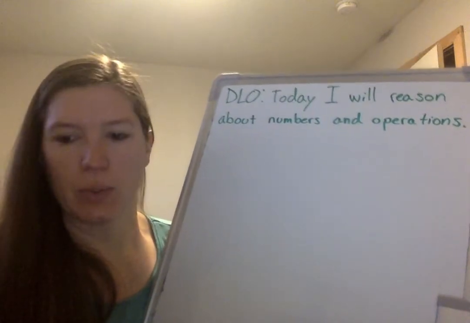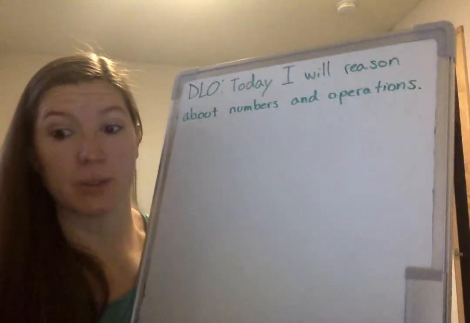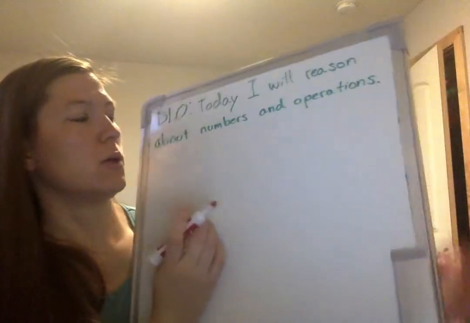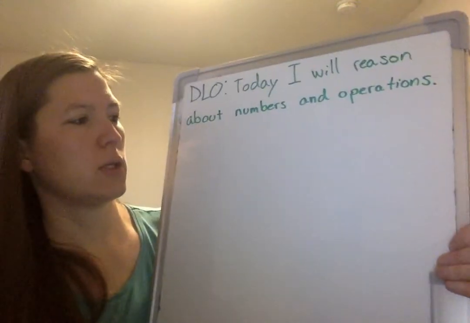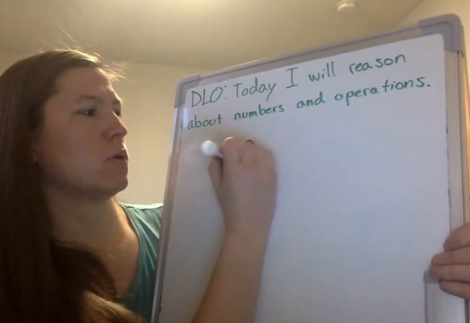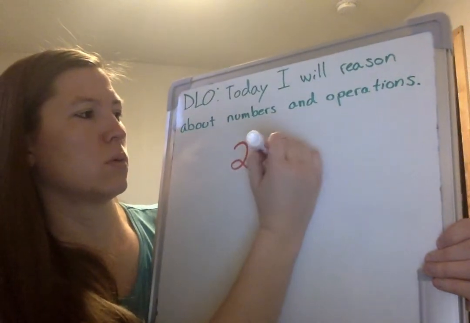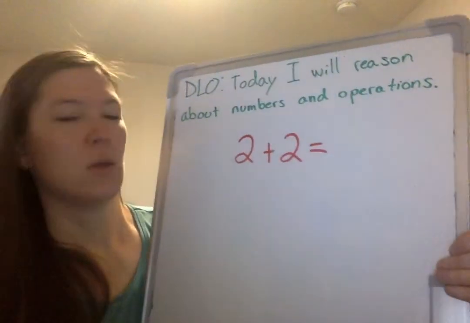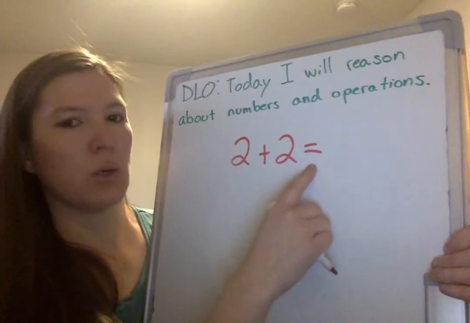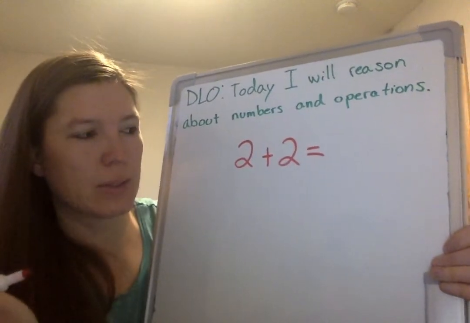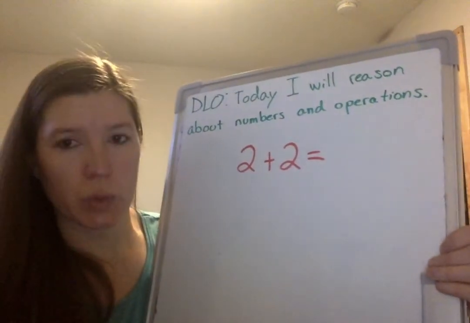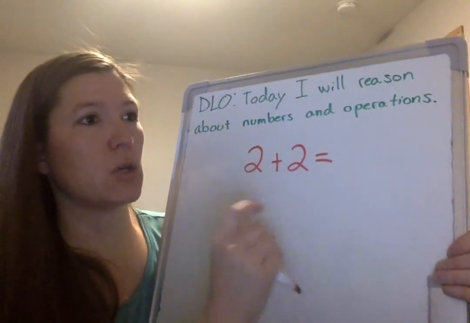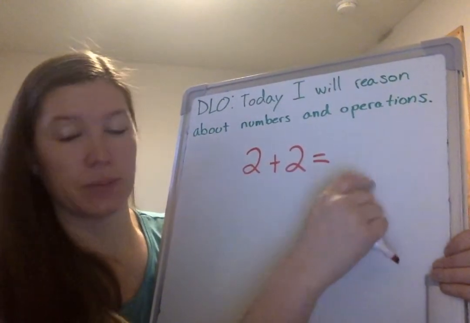I'm going to use the example apples. So here's an equation. Two plus 2 equals what? I'm going to make up a story to match this equation and solve it.